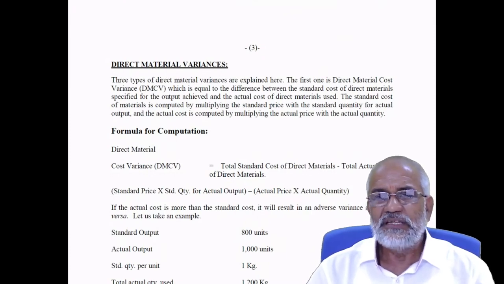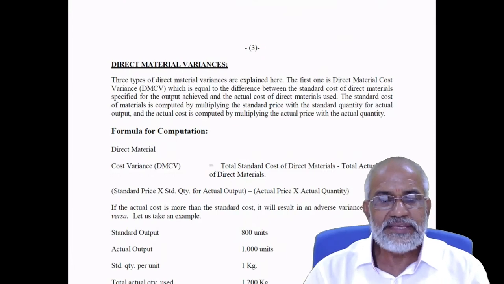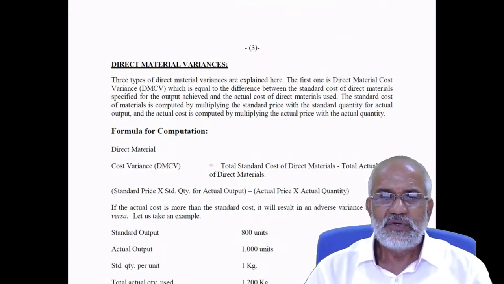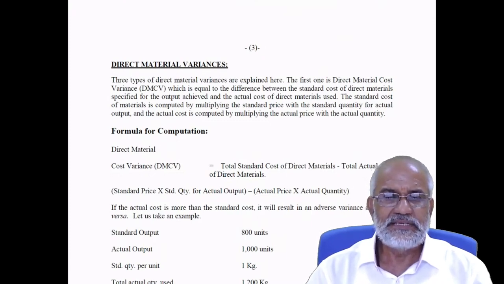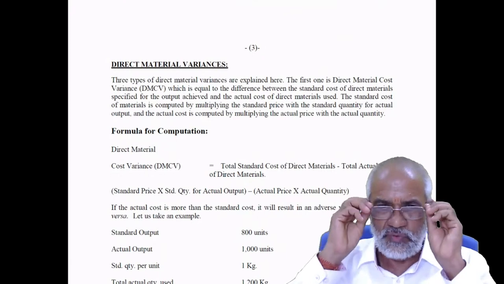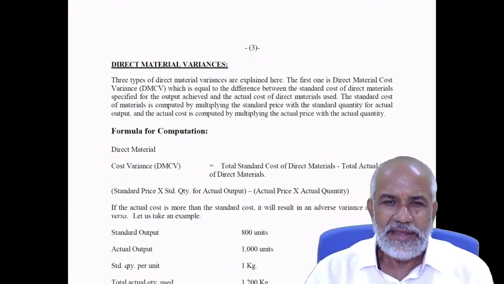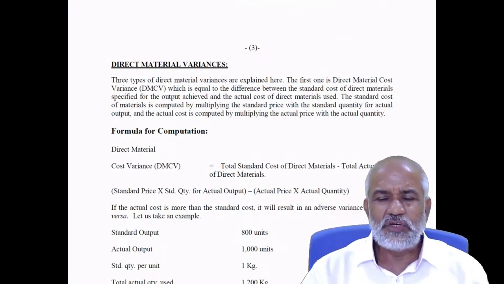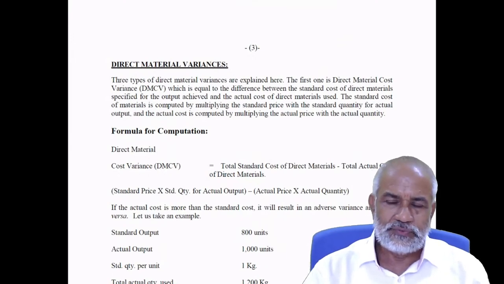The first one is the direct material cost variance, DMCV, which is equal to the difference between the standard cost of different materials specified for the output achieved and the actual cost of direct materials used.